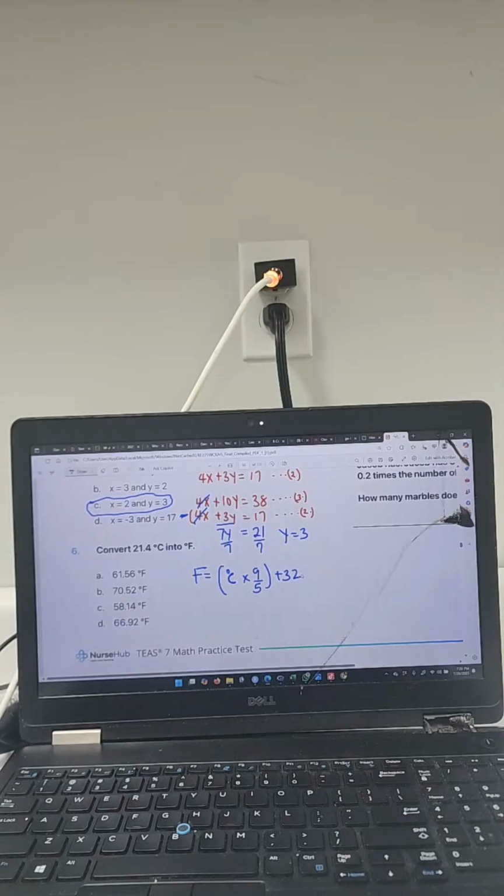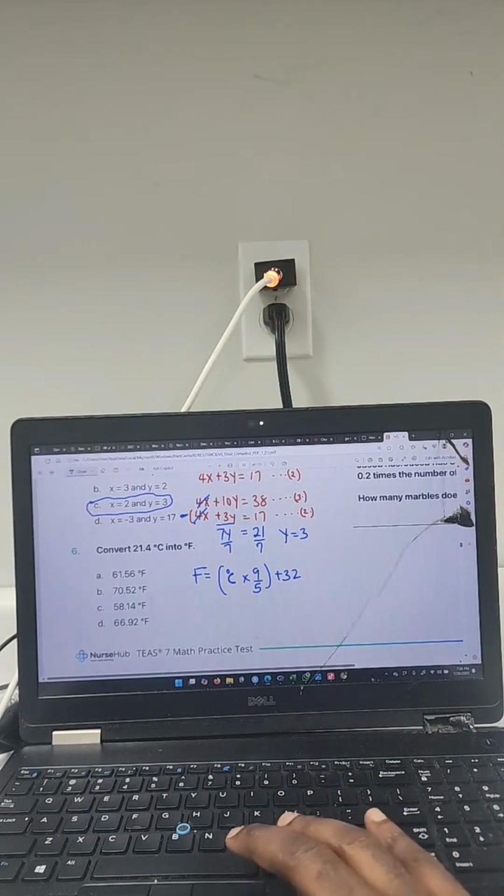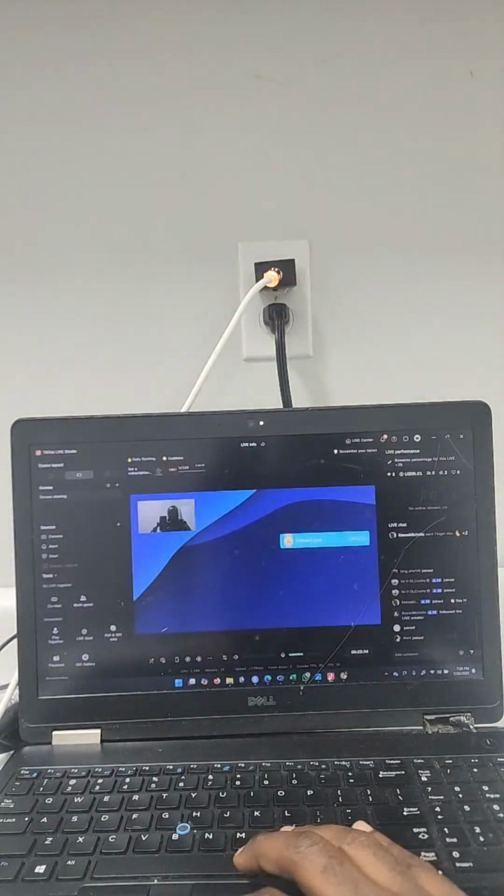So what you just have to do is to plug in the value in degrees Celsius and get the corresponding value in Fahrenheit. Let me see if I have some messages.